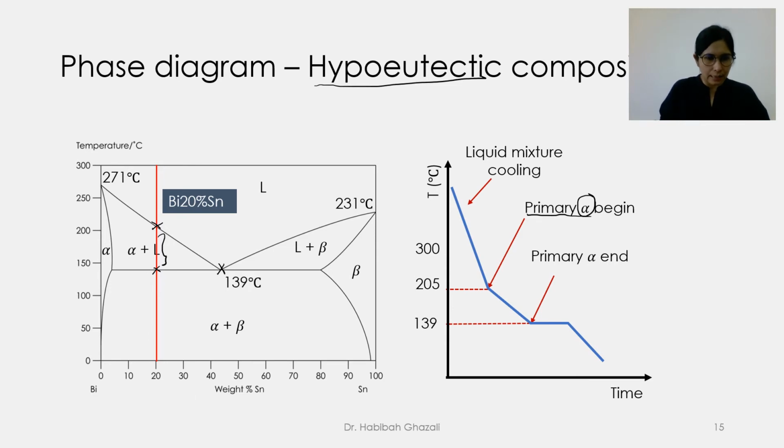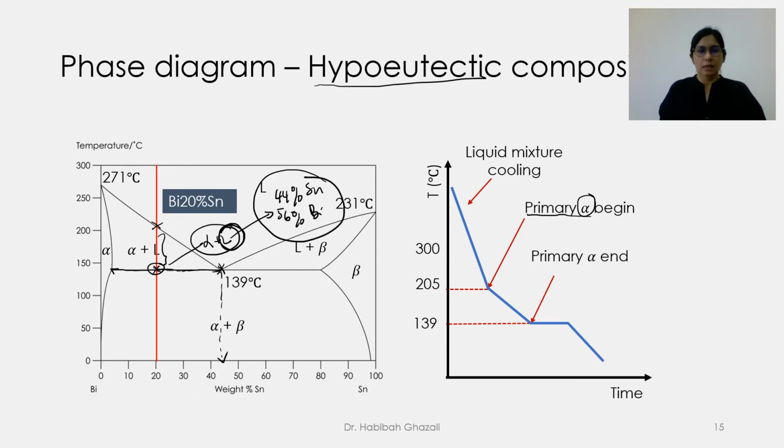But as you can see here, if you draw the tie line, at this point we actually still have alpha and liquid. The remaining liquid, we can find the composition using the tie line. The remaining liquid has a composition of 44% tin and 56% bismuth.